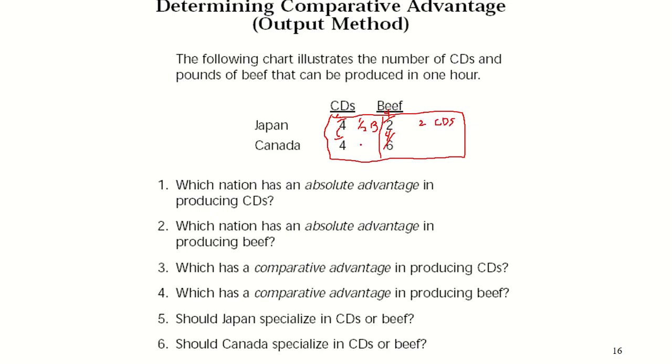And then back over here, we've got 6, and we know that 1 CD is going to cost us how much beef? We have 6 over 4. So 2 goes into each, so we get 3 over 2.